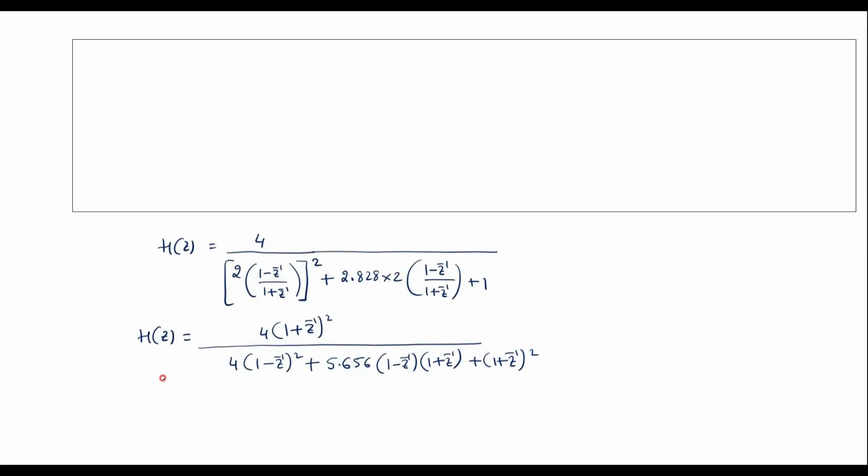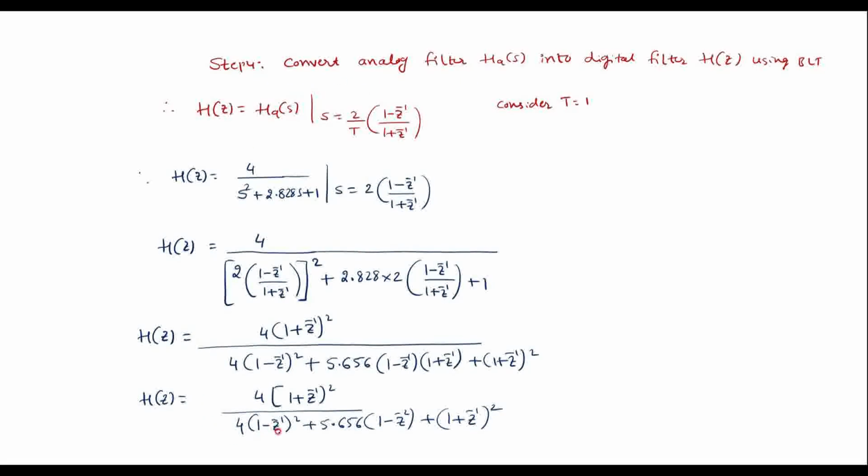So now I will try to simplify this further. H of z is equal to, on the numerator we have 4 (1 plus z inverse) square divided by, on the denominator, (1 minus z inverse) square.